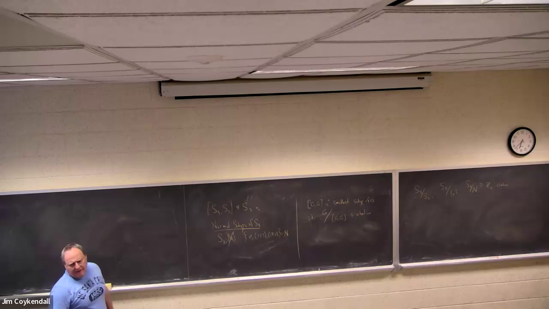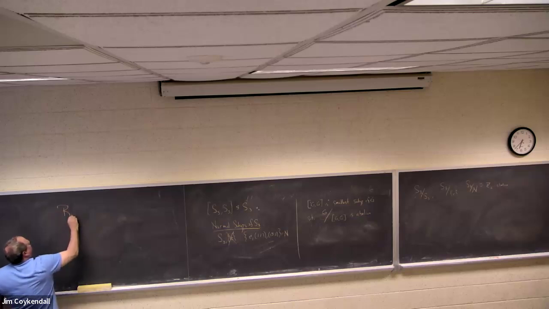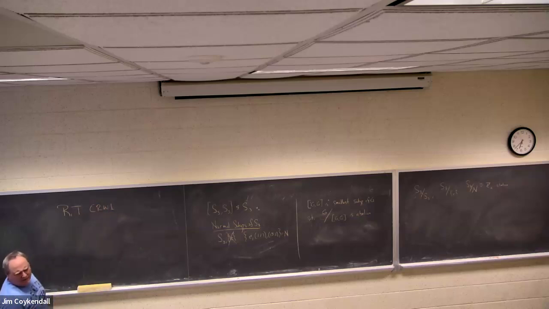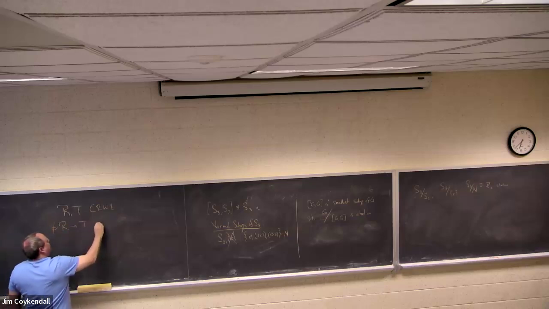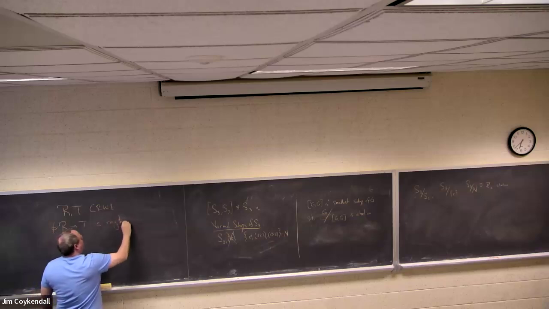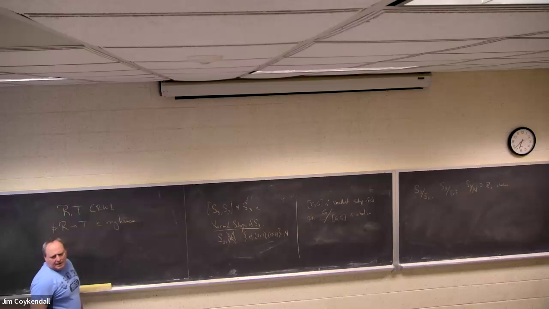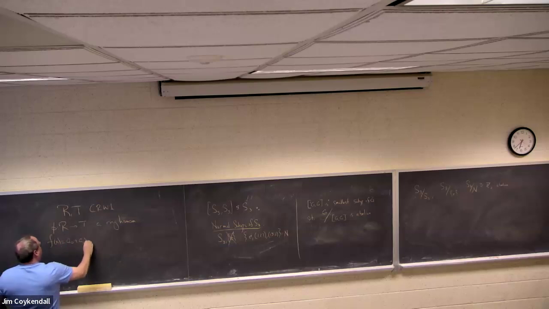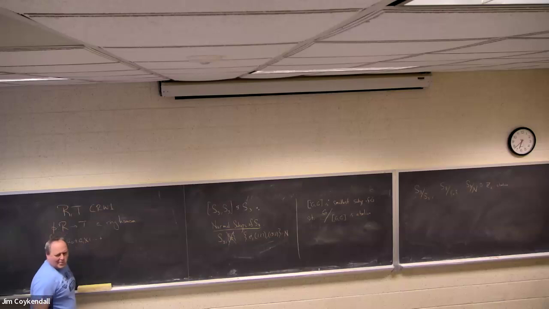So it says, let R and T be commutative rings with identity, and phi from R to T a ring homomorphism, and f(x) a polynomial with integer coefficients.